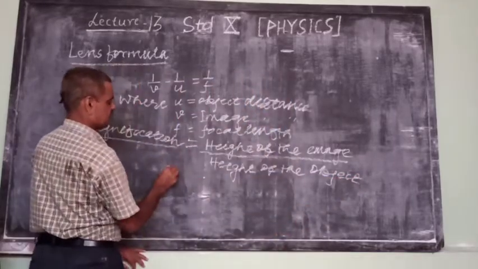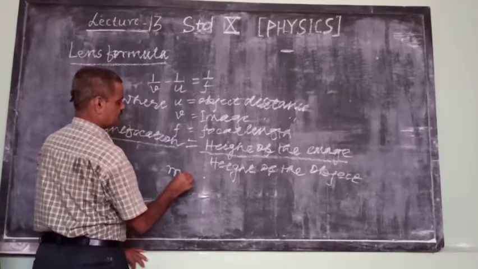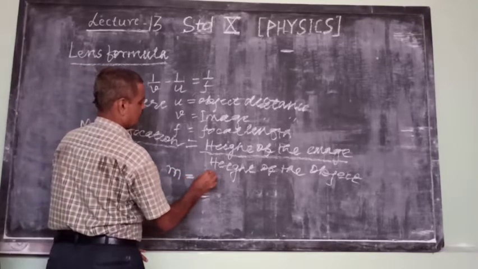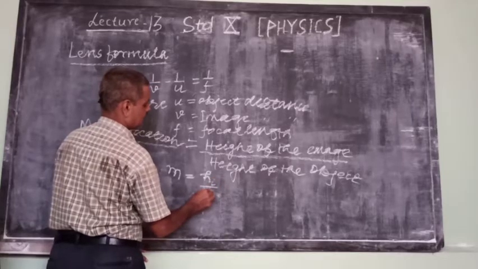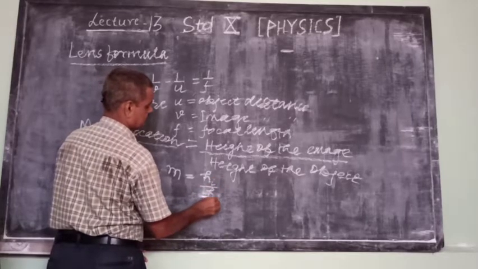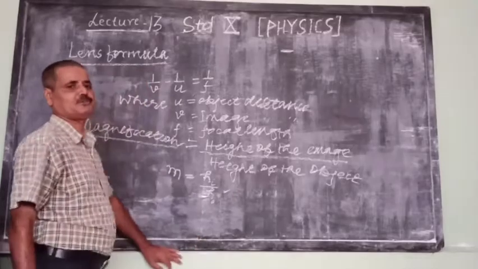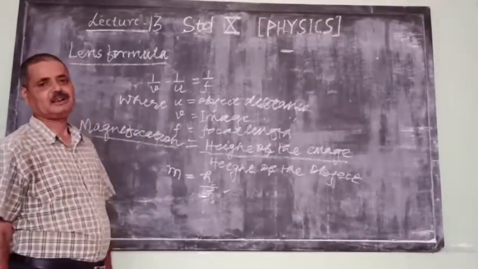So magnification is denoted by the letter small m, is equal to height of the image, hi, by height of the object, ho. This is the formula for the magnification.